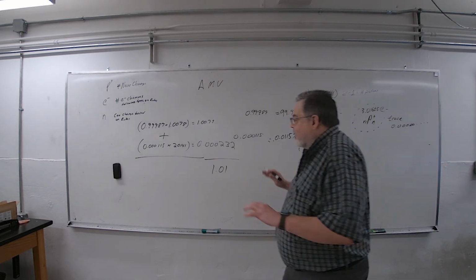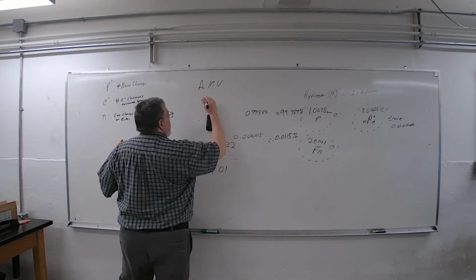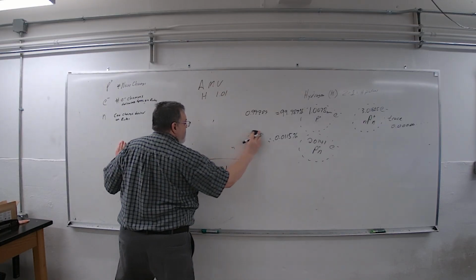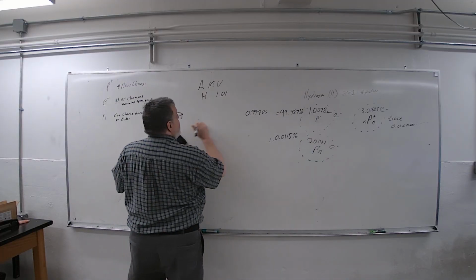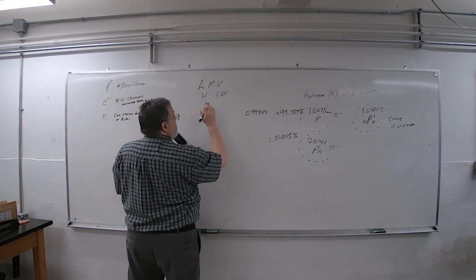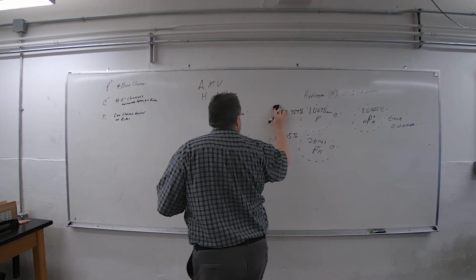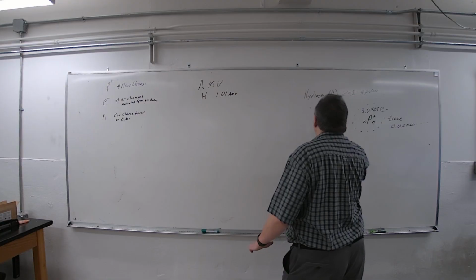All right. Now follow me here. For hydrogen, I want to get away from isotopes because they really don't do much for us. That's a very, very tiny measure of mass.